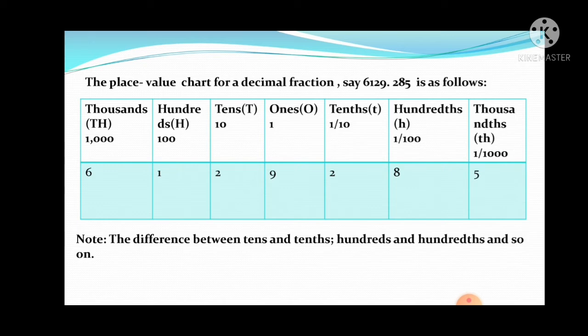After the point we should start from the tenths place, hundredths place, thousandths place, and so on. This is clear, right? We write a small t for the tenths place, whereas in the whole number integral part we write a capital T. Like that we write small letters on the decimal fraction side.